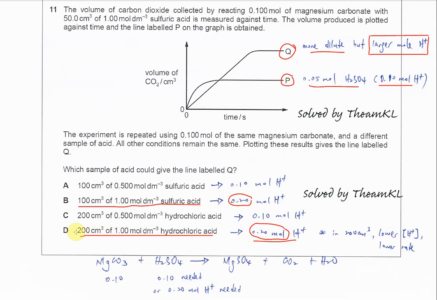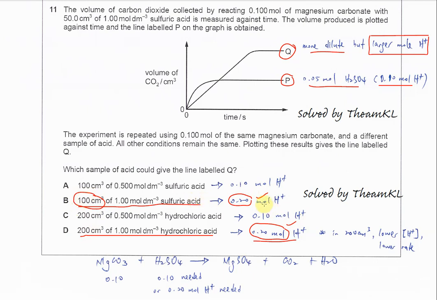So why is D a better answer? Since the numbers of moles of H plus are the same, 0.2, 0.2, but for B the volume is lesser than D, it's just 100 cm cube.